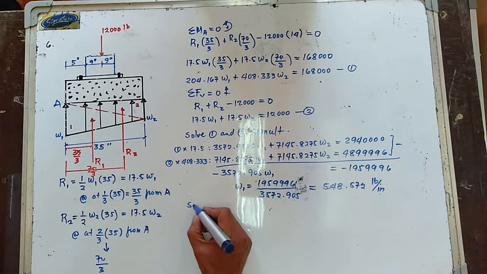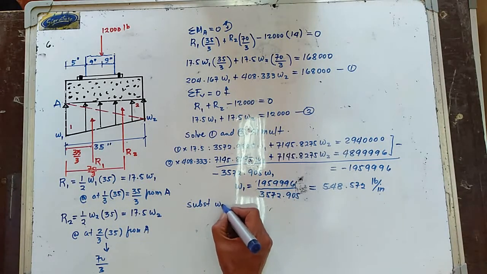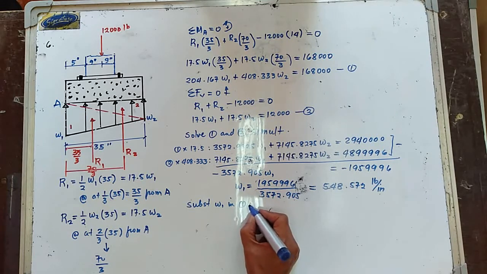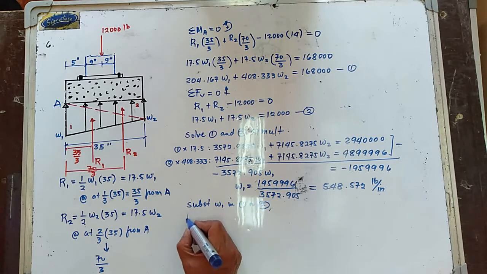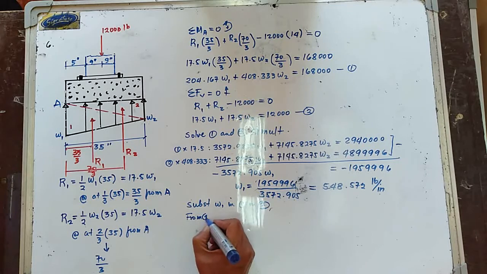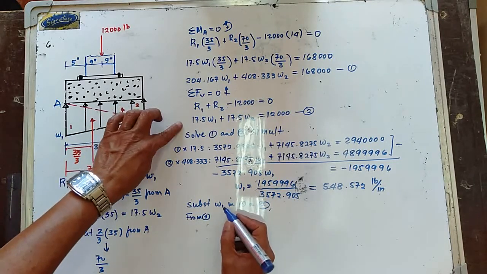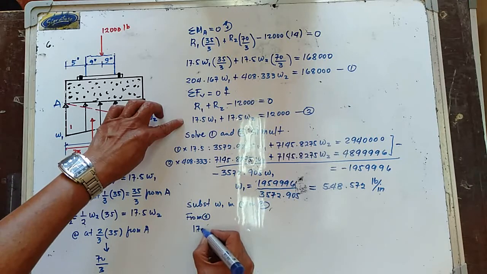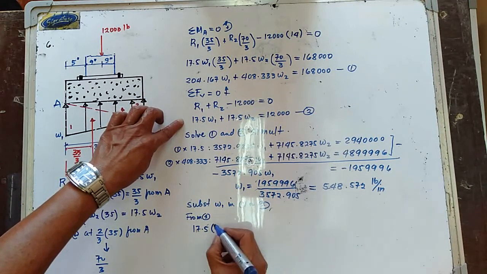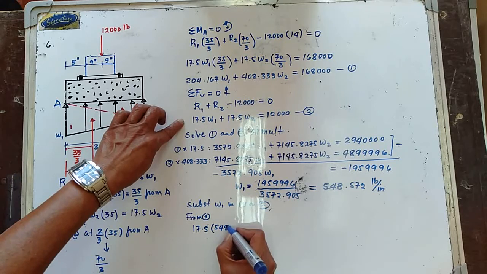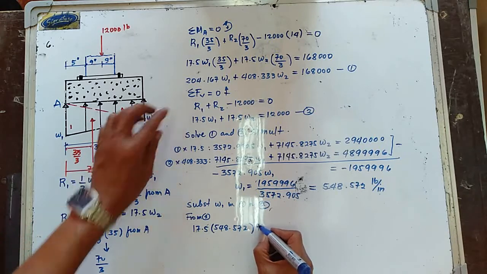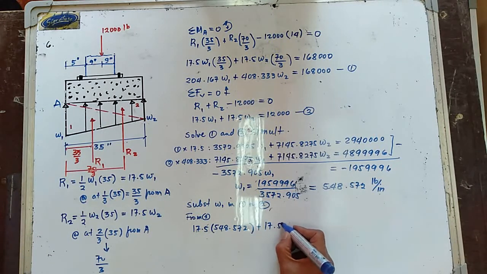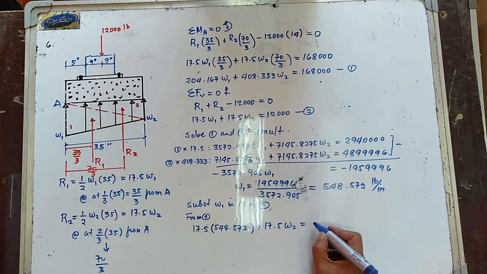Let us try to substitute W1 in either equation 1 or equation 2. So from equation 2, we have 17.5 by W1, 548.572, plus 17.5 W2 is equal to 12,000.